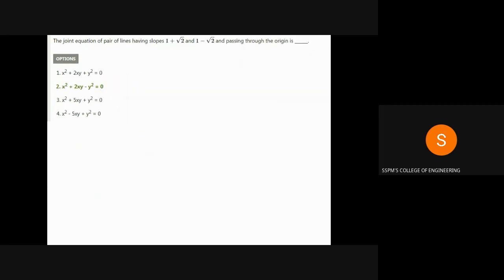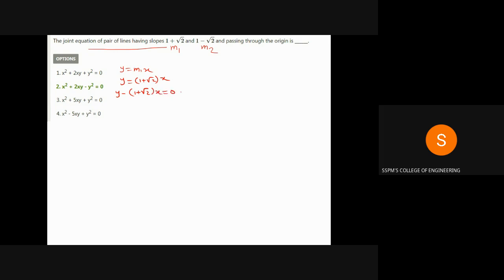Again a similar question: the joint equation of a pair of lines having two slopes given, so we will consider the first slope as m1 and this as m2. For m1, suppose y is equal to m1x, that is y is equal to (1 plus root 2)x, so y minus (1 plus root 2)x is equal to 0.